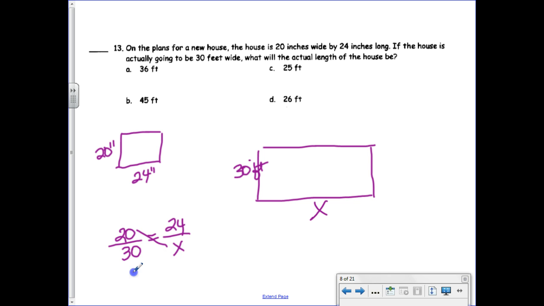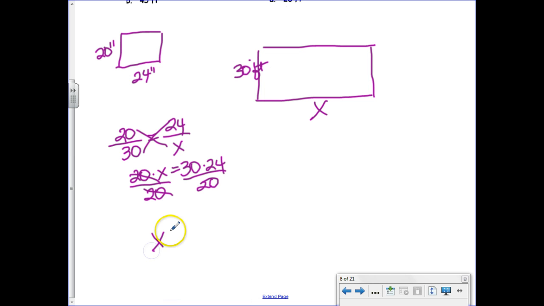Then go ahead and cross multiply. 20 times x is 30 times 24. Isolate the variable by dividing by 20, and then you can solve. And I get x is 36. Does that look like one of your options? I believe it is. 36 feet.